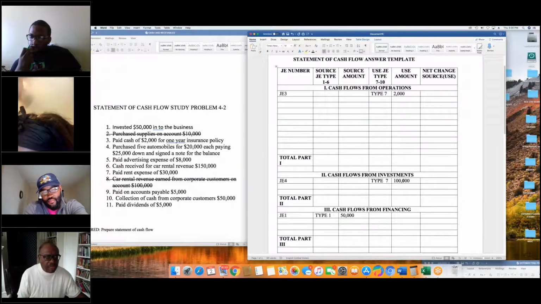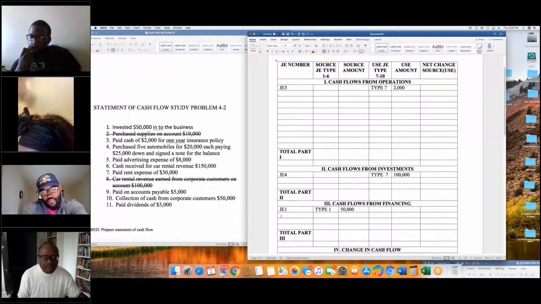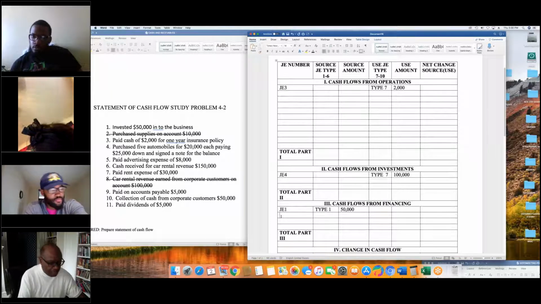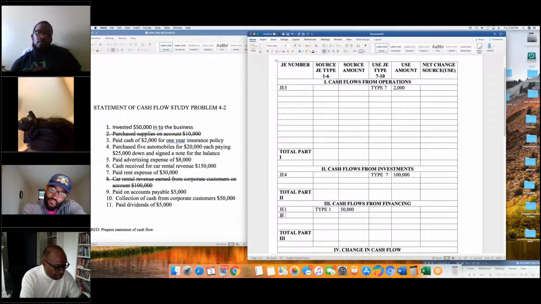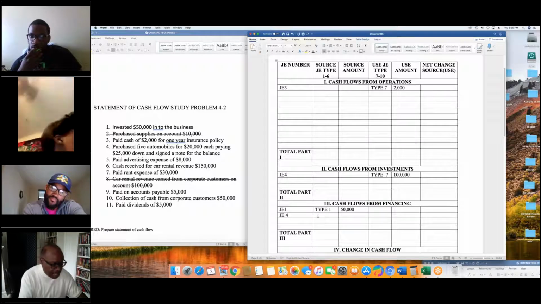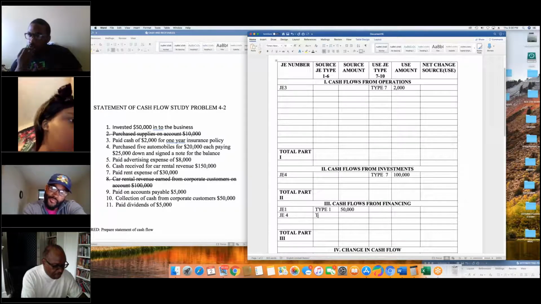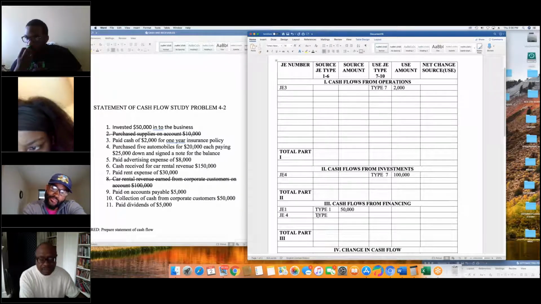And then we're still on 4. We've got to go to part 3, right? So we're still on journal entry 4. That'd be type 5, because we borrowed the money to finish paying this off, and we're going to owe that money. So that type 5 would be 75,000.